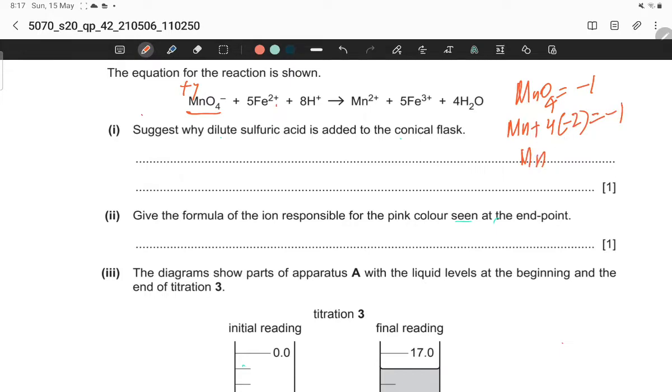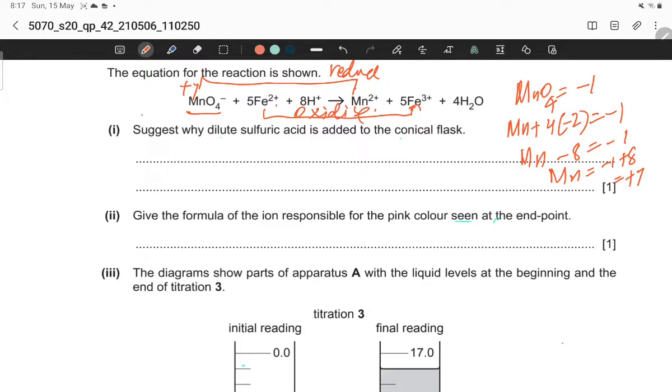Mn minus 8 is equal to minus 1, so Mn is equal to minus 1 plus 8, which is plus 7. So this is going to reduce to Mn 2 plus. And iron 2 going to iron 3, so this is going to oxidize.